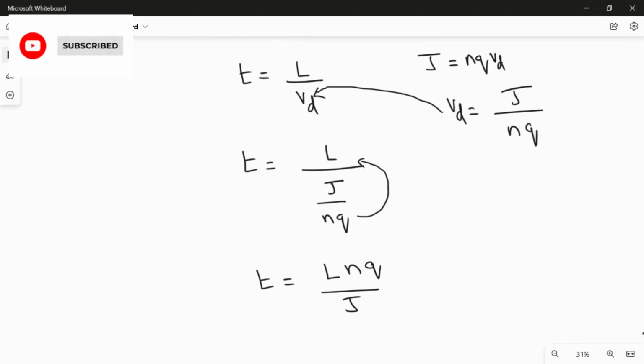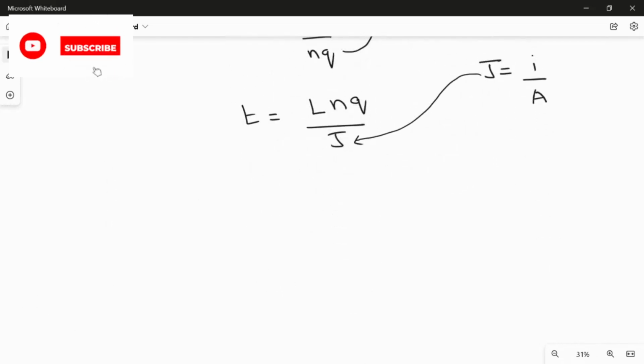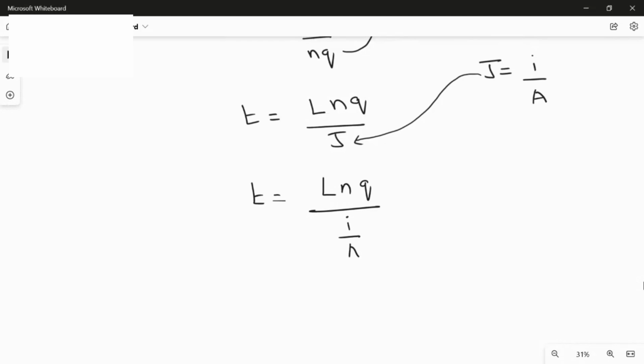As we don't have the information about the current density, we already know the current density is given by the equation current over area. Now I'm going to substitute this current density equation here. Again the time equation is modified as T is equal to the length of the wire multiplied by the number of charge carriers multiplied by the charge value divided by the current over area. So this area will go to the top.